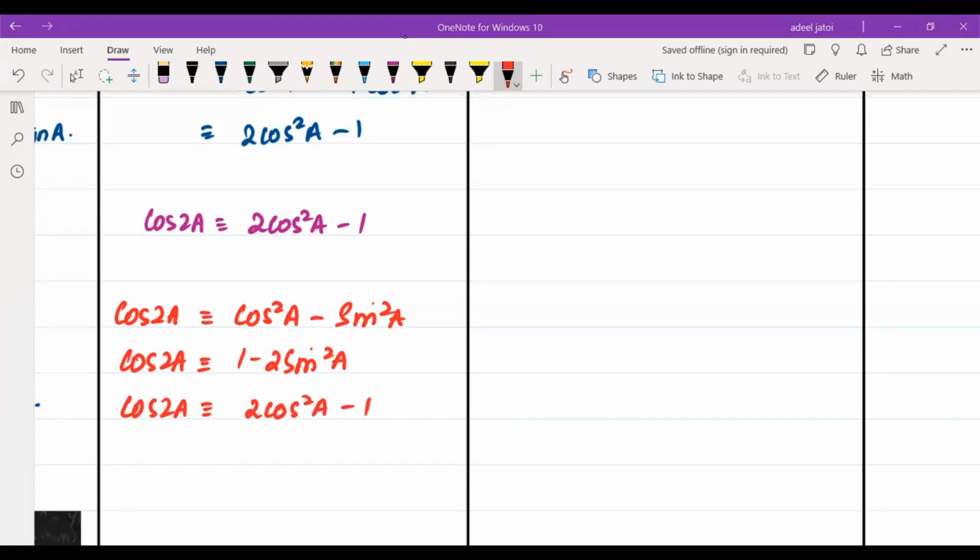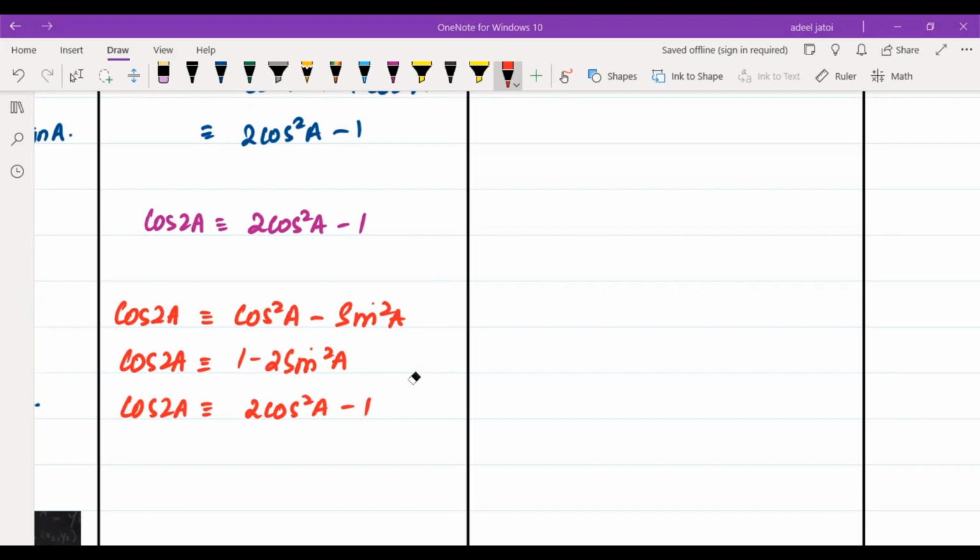Now, according to the question, we will decide what identity to be used. If the identity is in sine, then we will apply this. If the identity is in cos, we'll apply this. If the identity is showing cos square A minus sine square A, then we will apply this. So that is up to the observation skills that you will have during the attempt of the question, that what identity to be used in your A2 question for cos 2A.